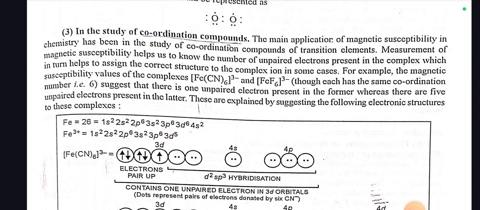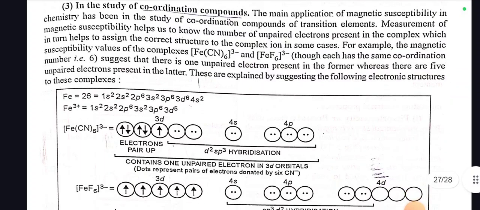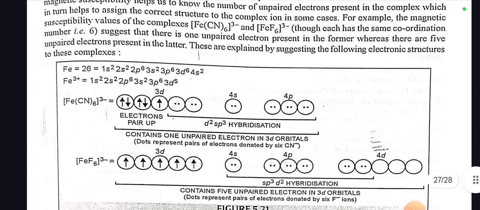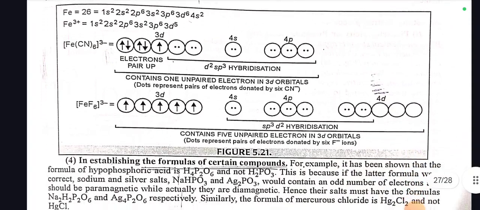For example, the magnetic susceptibility values of the complexes [Fe(CN)6]3- and [FeF6]3- suggest that there is one unpaired electron present in the former, whereas there are 5 unpaired electrons present in the latter. These are explained by suggesting the following electronic structures of these complexes.